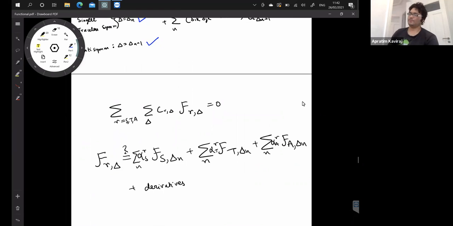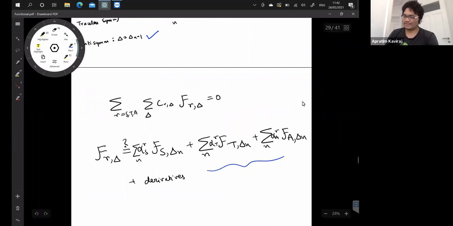Looking at the ON GFF, I now require functionals which also must satisfy a basis, just like the O1 case. In one case, I showed that any F minus can be expanded in the basis of F minuses of double trace operators.